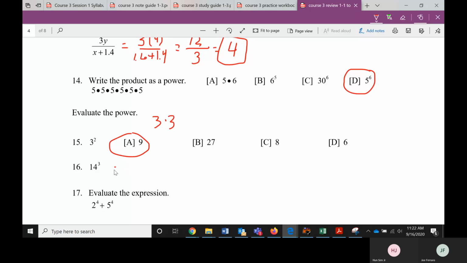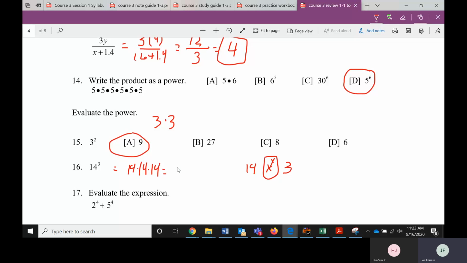16. There's 2 ways you can do this one in your calculator, and I showed that on the video. Since it's only 3, you could easily write 14 times 14 times 14. Or if you turn your calculator sideways, you could hit 14 and then hit the x to the y button and then hit 3.